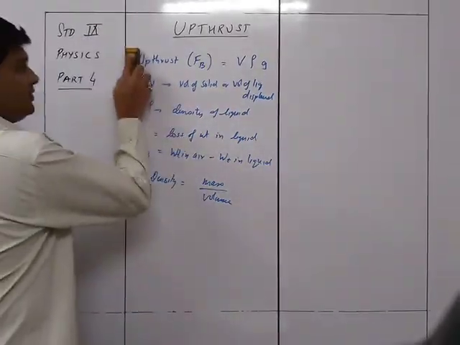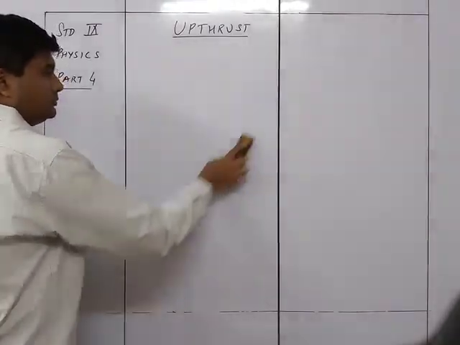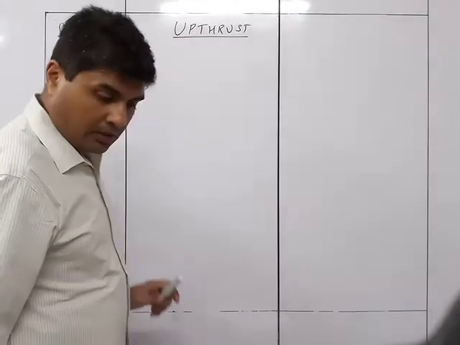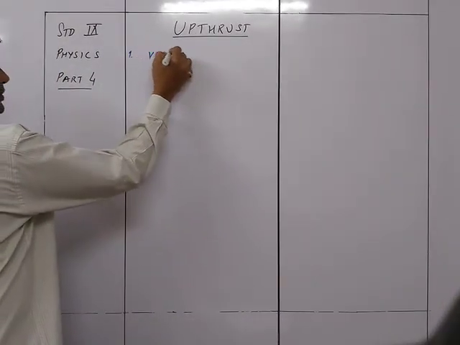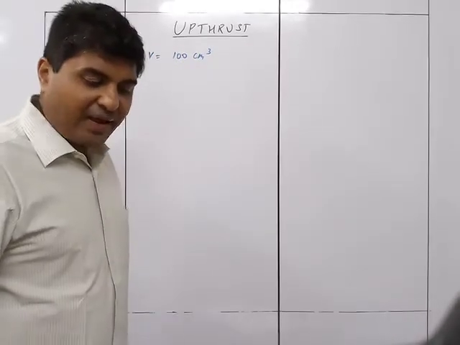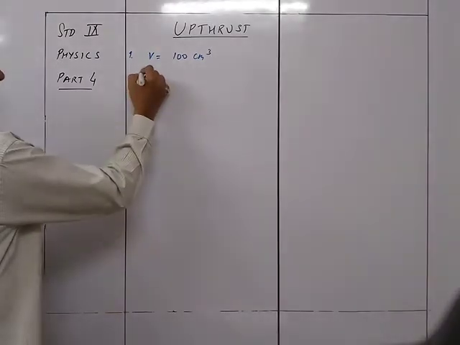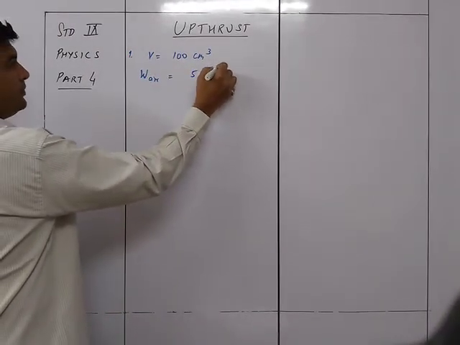Okay, so let's start with the first question. A body of volume 100 centimeter cube. So first of all, volume is equal to 100 centimeter cube. Weighs 5 kgf in air. So weight in air, W air is equal to 5 kgf.